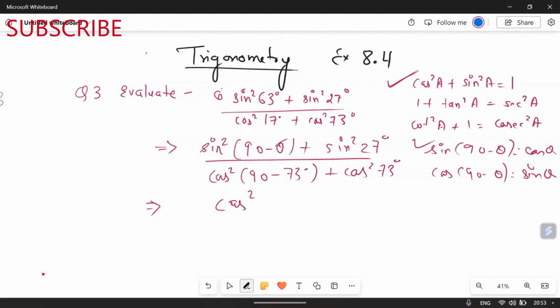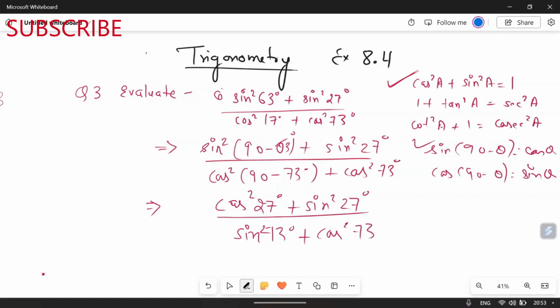Since here the theta is 63 degree, so cos square 63 degree will give you cos square 27 degree plus sin square 27 degree divided by cos square 90 minus 17, that will be sin theta. So sin square 73 degree plus cos square 73 degree.